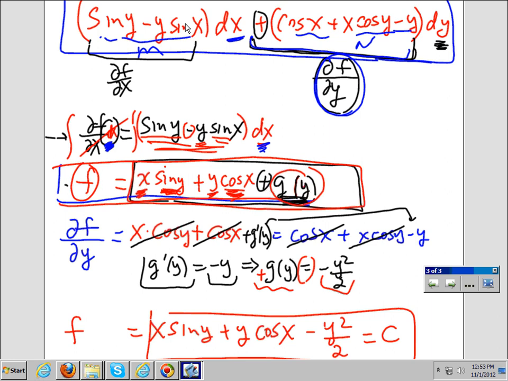Now, let me copy it down and let us prove that this is exactly right. I claim that x sine of y plus y cosine of x minus y squared over 2 equals c.